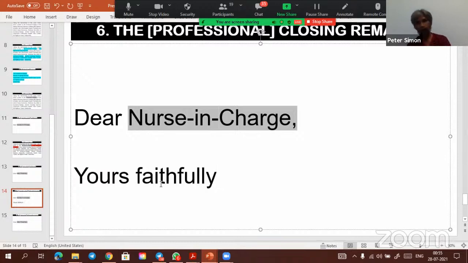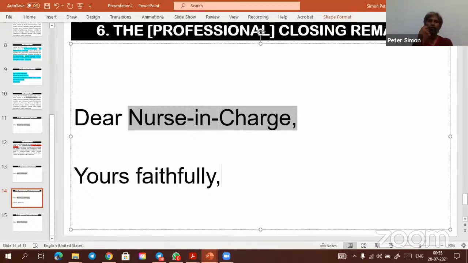With or without comma, put comma, no problem. Yours faithfully. Why yours faithfully? Because you don't have any personal relationship. It is a professional relationship, and you have to be faithful to your profession. And if it is a personal relationship, you have to be sincere in your relation with your friend. So that is professional and this is personal.